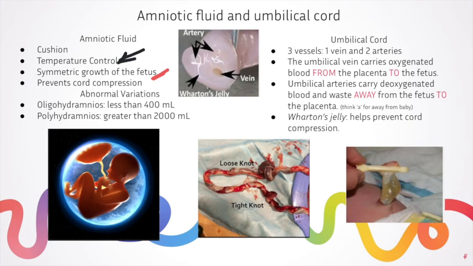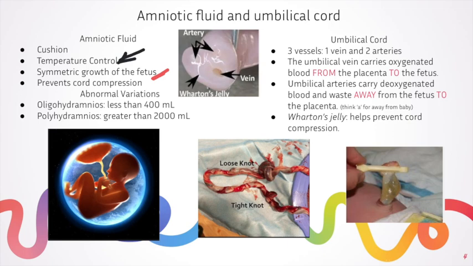If the fetus does not have enough amniotic fluid inside the maternal womb, it cannot open and close its arms and move its legs, so it becomes contracted. So we really want to have enough amniotic fluid to allow for symmetric growth of this fetus.